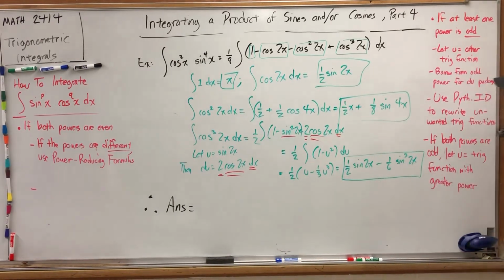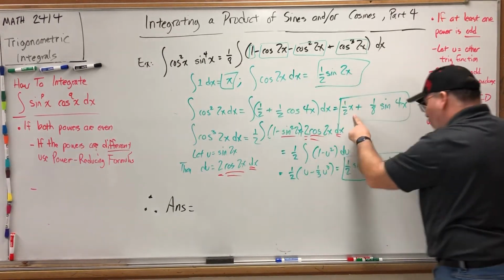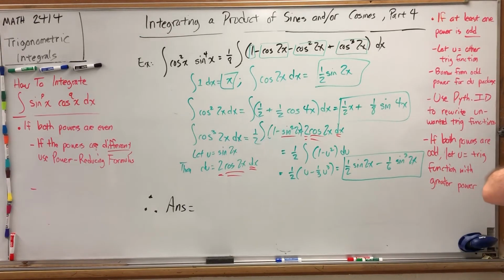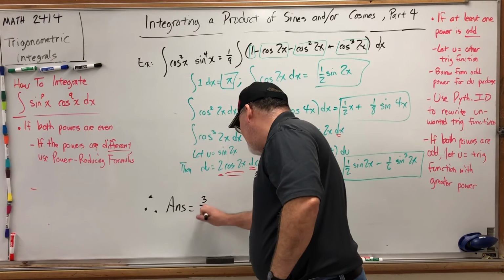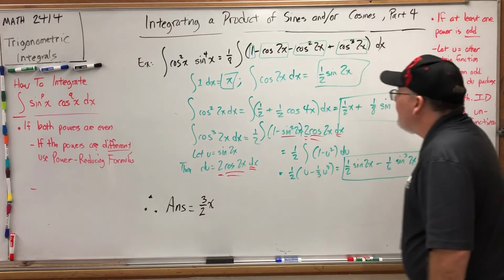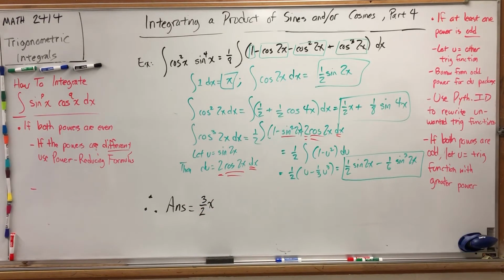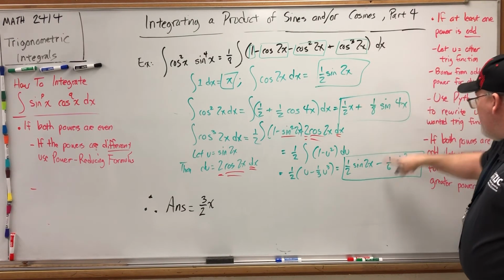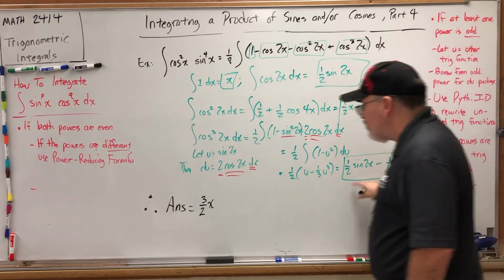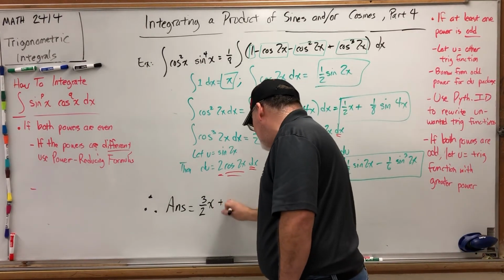Let's gather like terms. We got an x, we got a 1/2 x, those are the only x terms. X plus half x is 3/2 x. Let's gather our sine 2x terms. We have a 1/2 sine 2x and another 1/2 sine 2x, so that makes one of them, so plus sine of 2x.